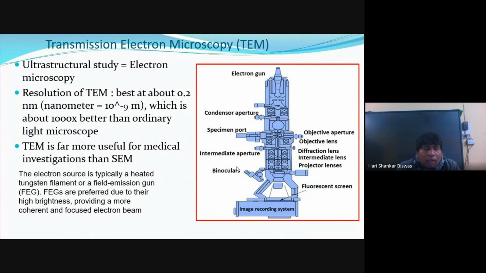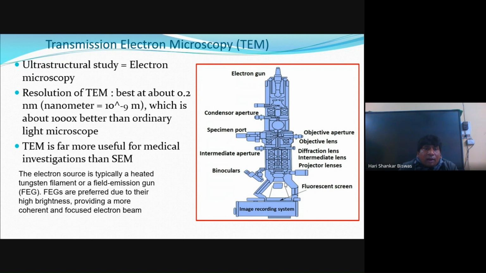And another instrument we have used is the transmission electron microscope. This is the schematic drawing of the TEM instrument. It is an ultra-structural study, electron microscopy, with resolution of about 0.2 nanometer; 10 to the power minus 9 meter is 1 nanometer, which is about 1,000 times better than an ordinary light microscope.